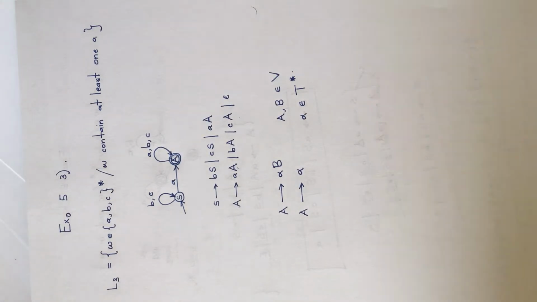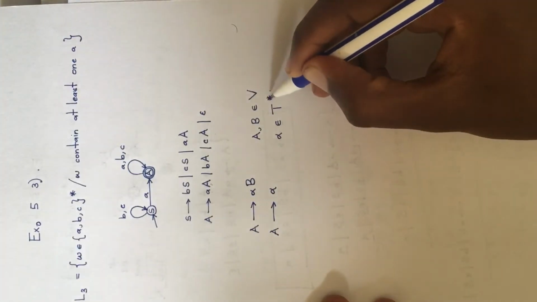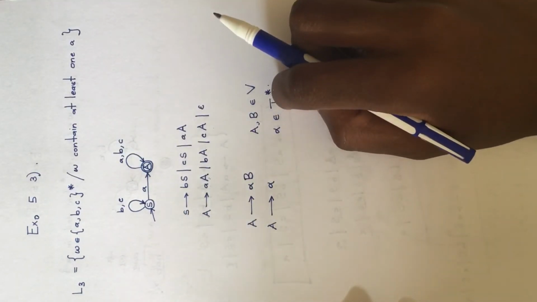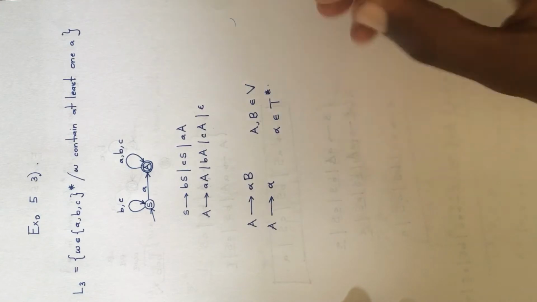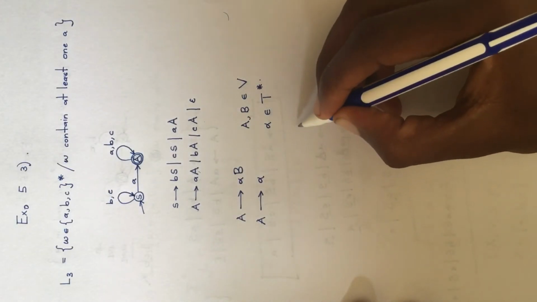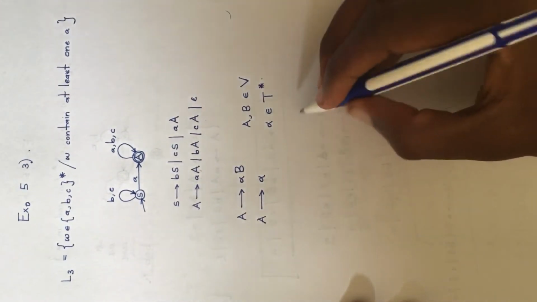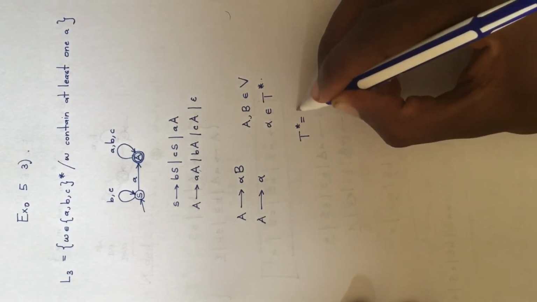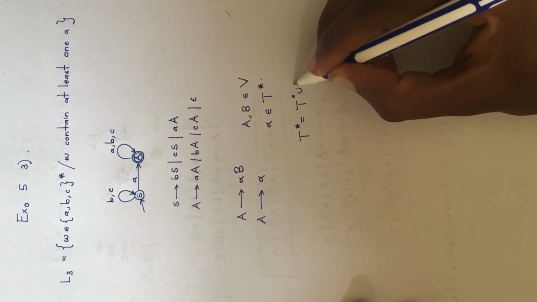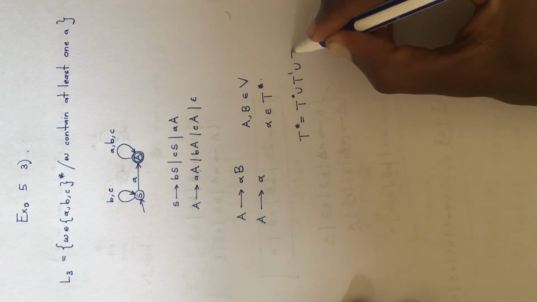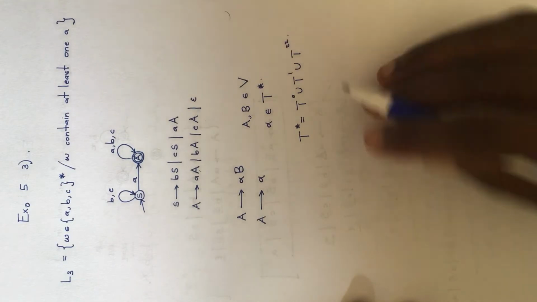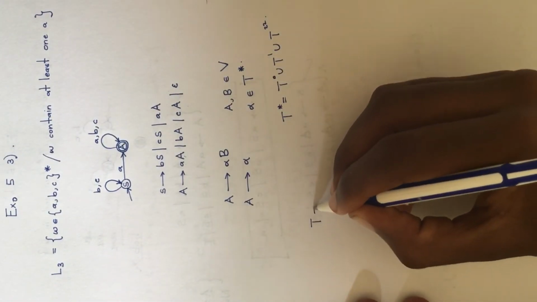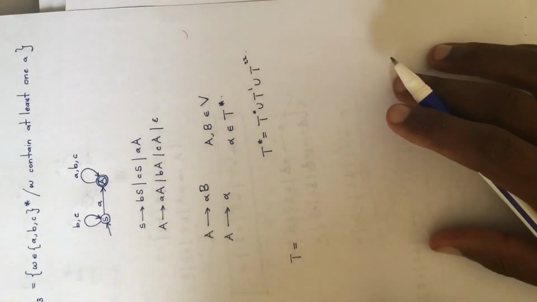Good. But what does this mean? Sorry. T star simply means T0 union T1 union T2. Now, if I have a set of strings T, you get it?